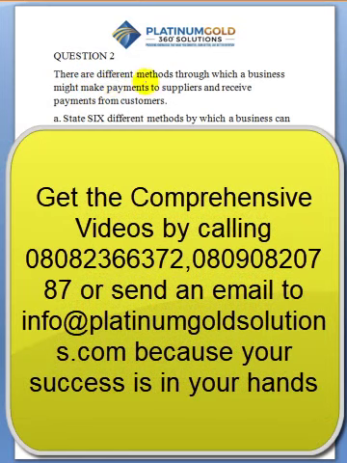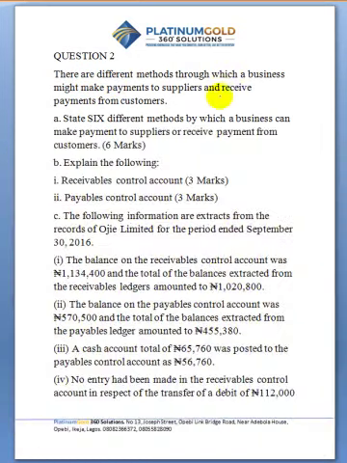There are different methods through which a business might make payment to suppliers and receive payment from customers. A. State six different methods by which a business can make payments to suppliers or receive payment from customers. 6 marks.